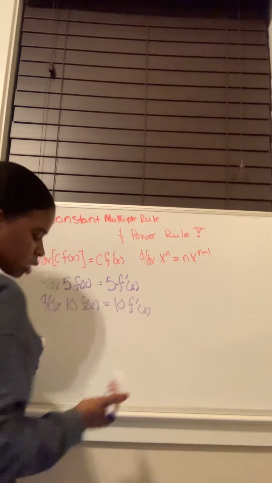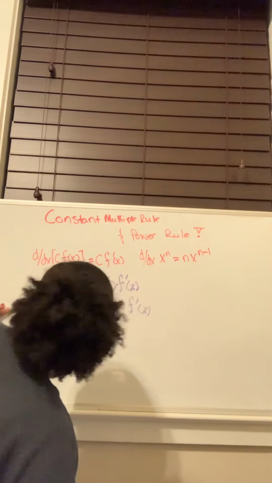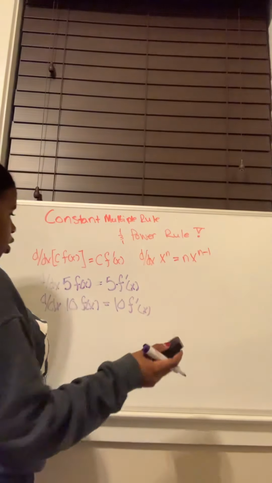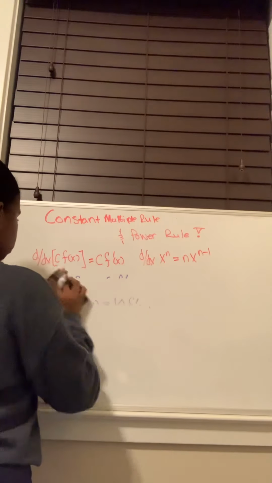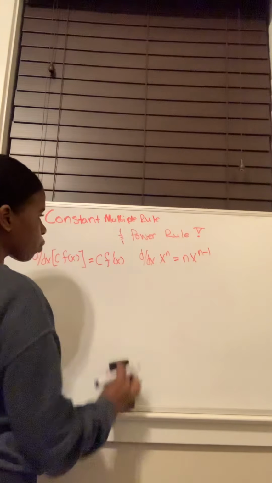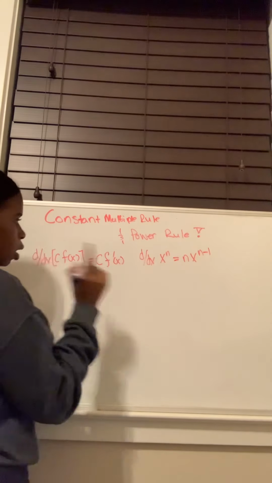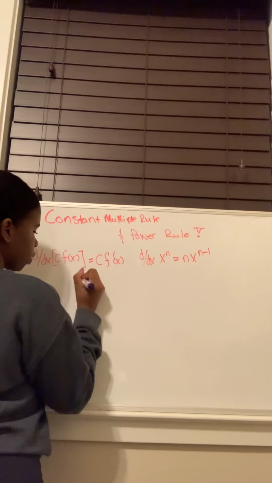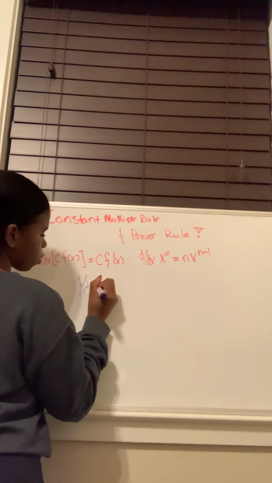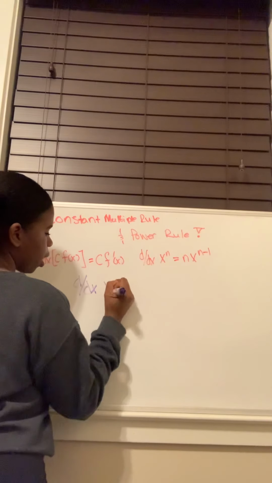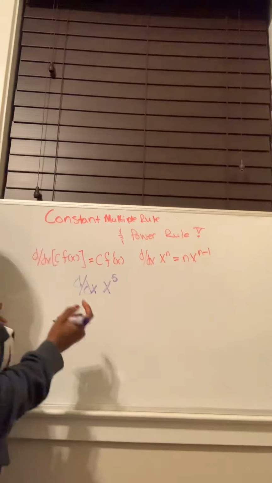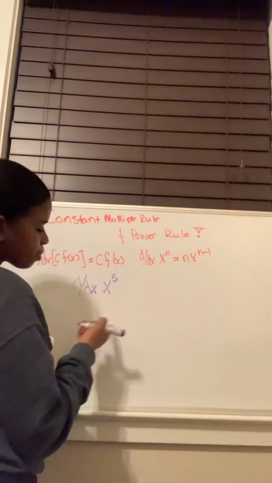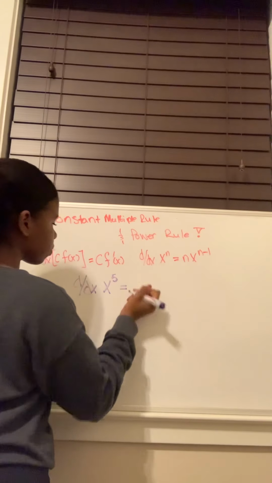Just wants to feel included. All right, now let's do something a tad bit trickier. Okay? Do the power rule. All right, let's go. Say you want to take the derivative of x to the 5. Don't know what, but that's what we're doing right here. Okay, here we go.